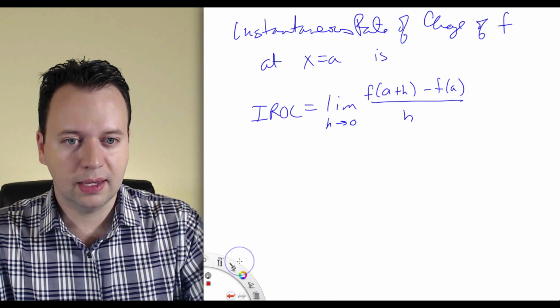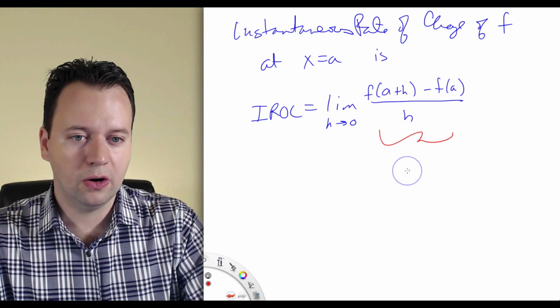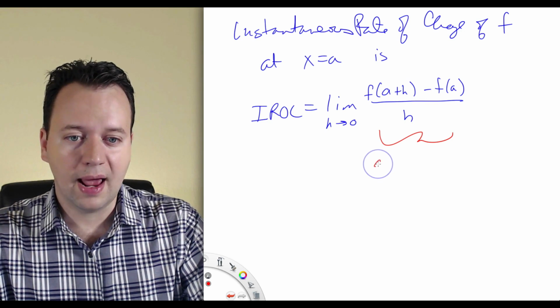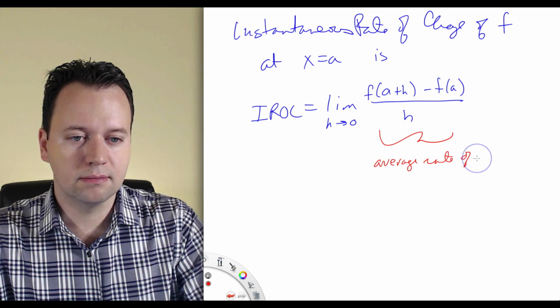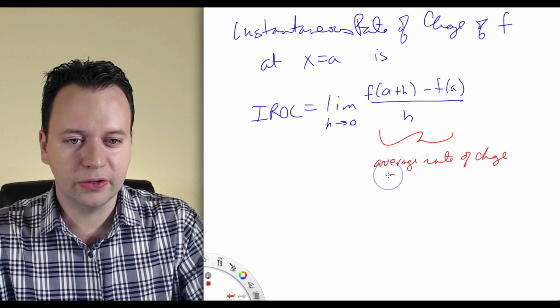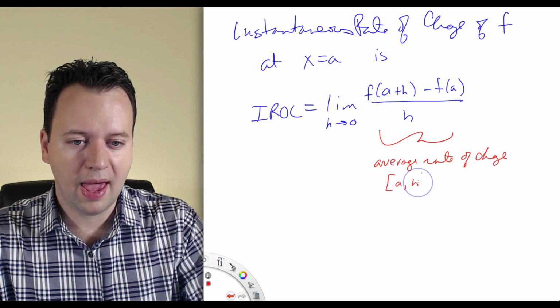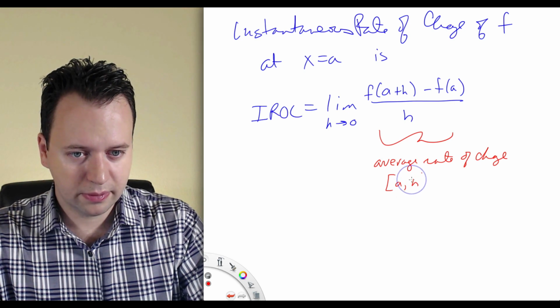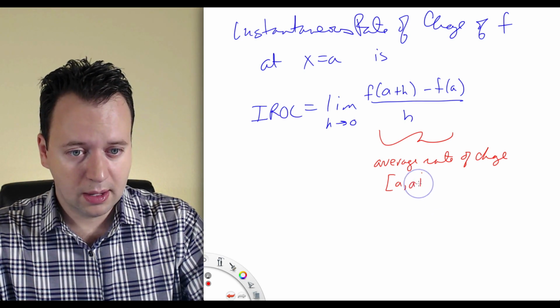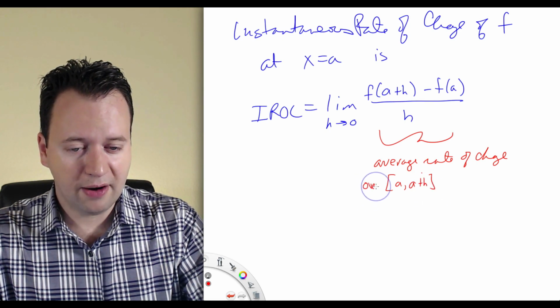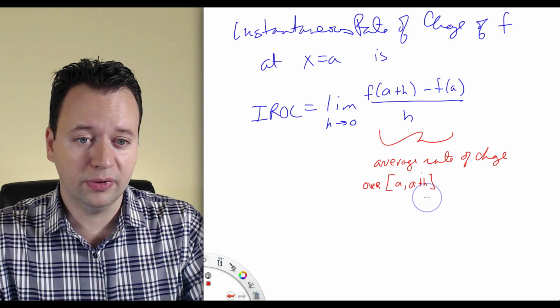So let's look at some annotations here. So what we have here is an average rate of change. Right, so this is over the interval a to a plus h. That's the average rate of change over the interval a to a plus h.